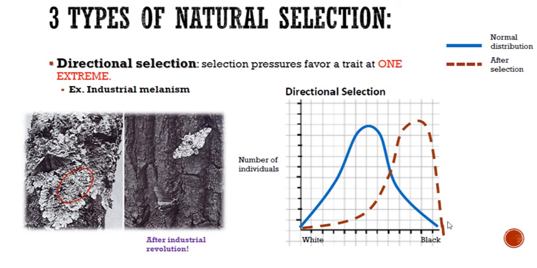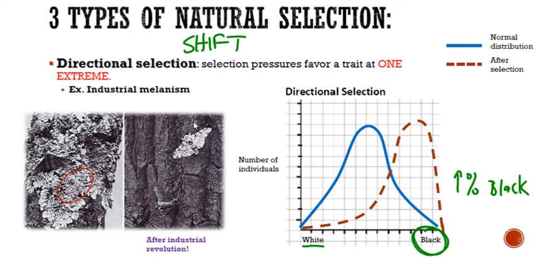So we see a shift where it is now beneficial to be one color versus the other color, and in future generations we see a much greater percentage of black. So a shift toward one extreme versus the other. Directional. So this is a shift, either left or right on a graph.